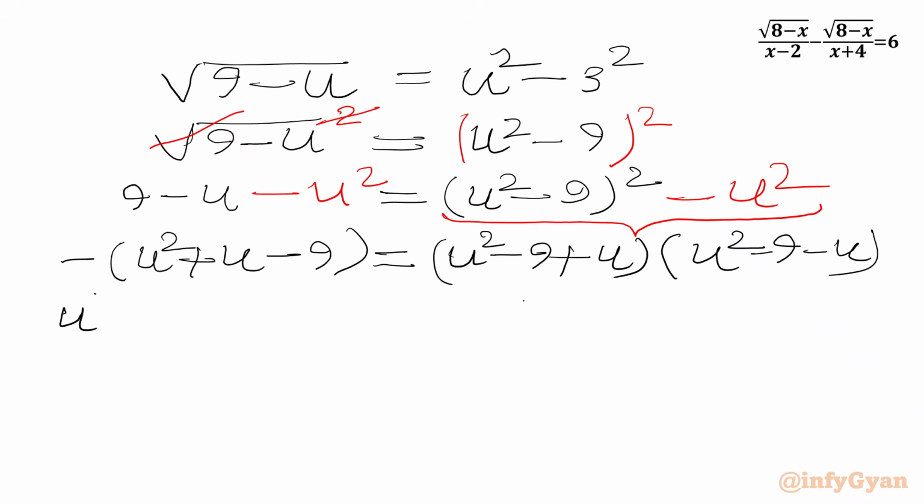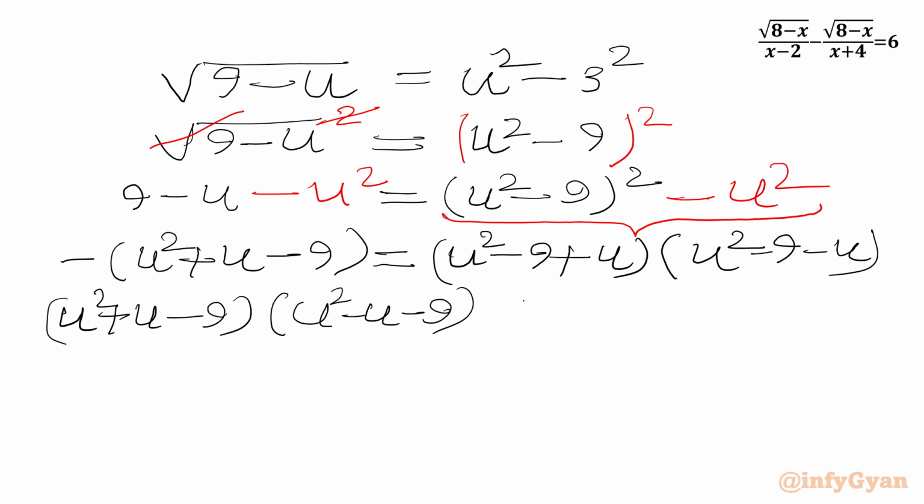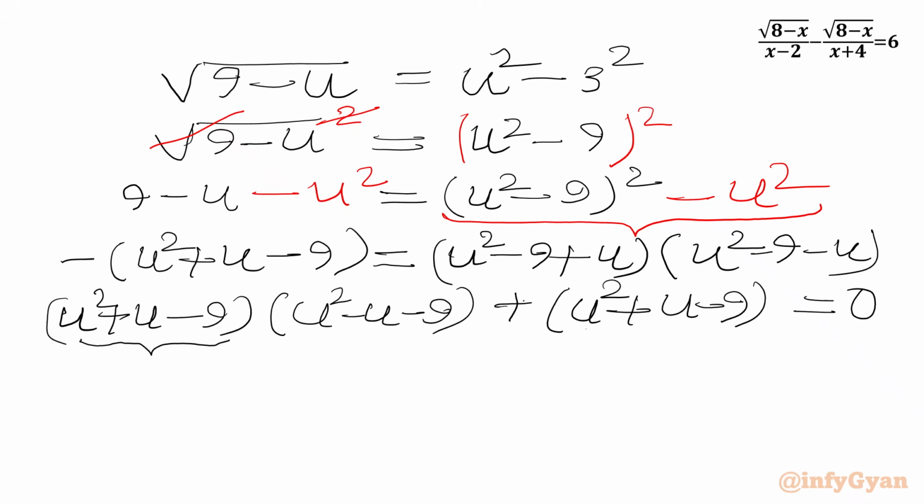Now we will write all the terms to RHS. So we will get (u square plus u minus 9) times (u square minus u minus 9) plus (u square plus u minus 9) equal to 0. Now we are going to take u square plus u minus 9 common.